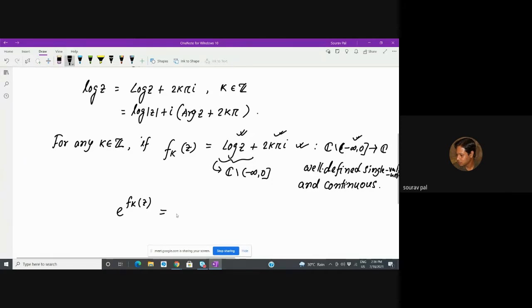So this is e to the log z times e to the 2k pi i, which is equal to z.